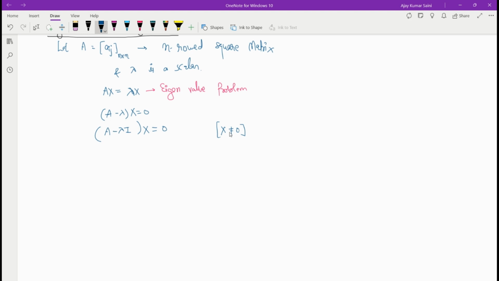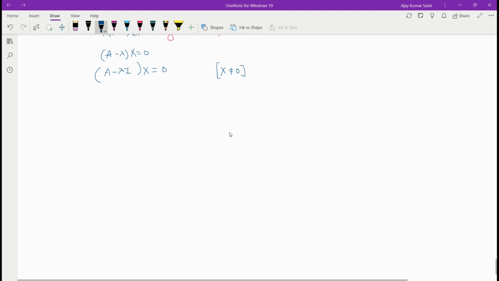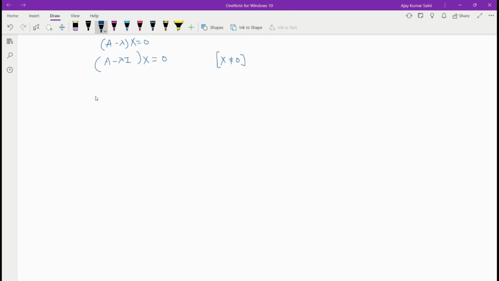Okay, so after that I draw a matrix. Okay, so a11 minus lambda, a12, till a1n.